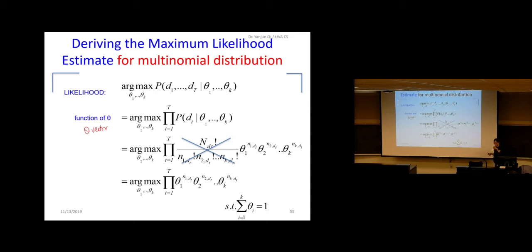Maximum likelihood estimation. You just substitute this, and for D, it's really just that W, right? Each specific document has the word W1 equal to N1 in the document T, W2 is N2 in the document T, onto WK in the document T.